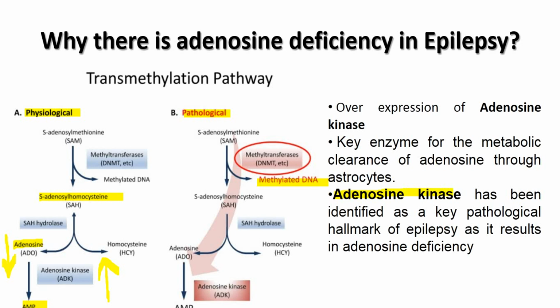More enzyme means more conversion of adenosine to AMP, and therefore all the adenosine is converted to AMP. Therefore, the concentration of adenosine drastically falls. Therefore, we have adenosine deficiency in epilepsy.